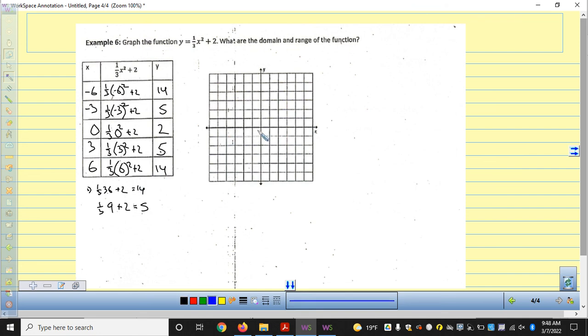So plot these points. I get a point at 0, 2. I get a point at 3, 5. There's 1, 2, 3, 5. And I get a point at -3, 5. There. And this is a point at 6, 14.